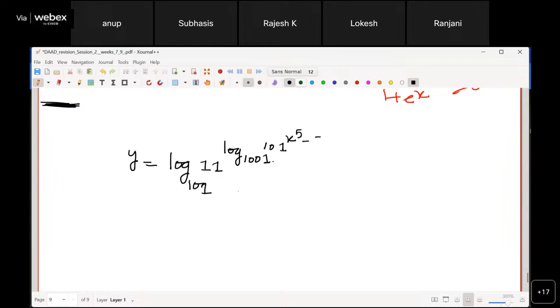I don't know who gave this question. There should be some way to minimize this to something smaller. It's certainly not difficult, but it's a bit odd.